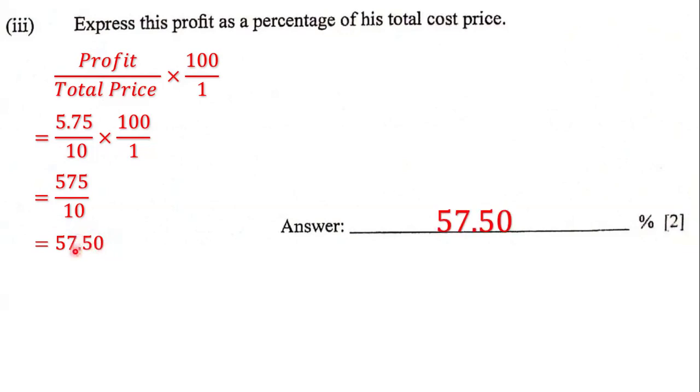So it gives us 57.5% or 57.50%, and that is his profit as a percentage of his total cost price, and that's the answer to this question.